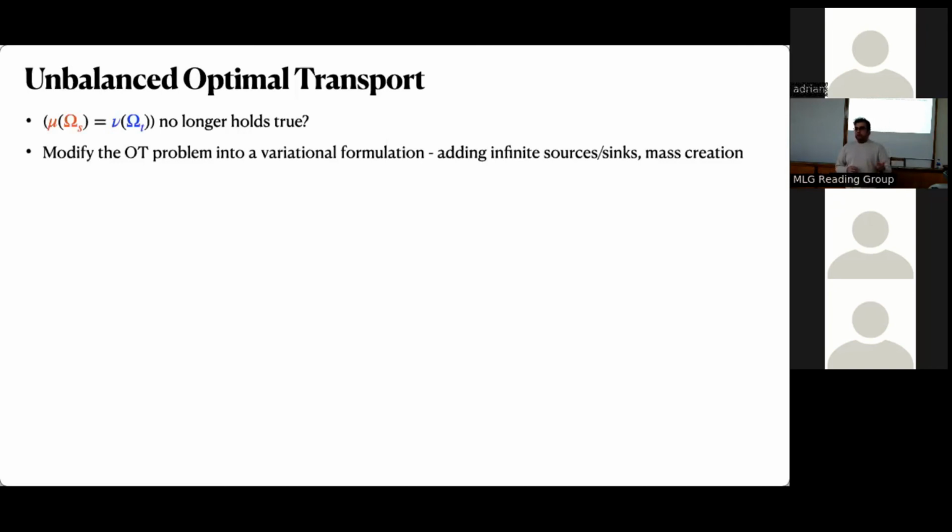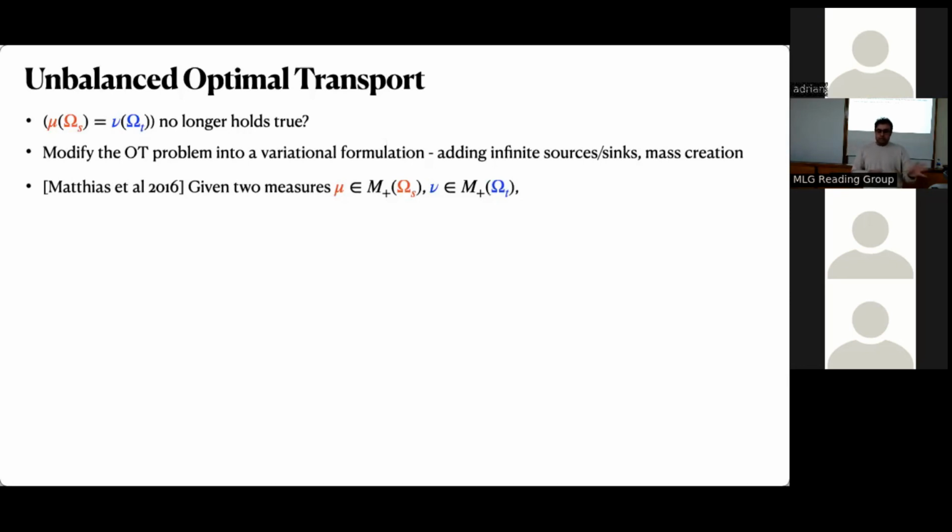You can do a variational formulation of optimal transport, or you could think about adding an infinite source or sink somewhere in your problem that's just creating mass or eating up mass. But the variational formulation ends up with something that's a bit easier to understand. So Matthias et al. in 2016 say that if you have two measures, mu and nu, that are just non-negative, you pick a mass m that's upper bounded by the minimum of the two.